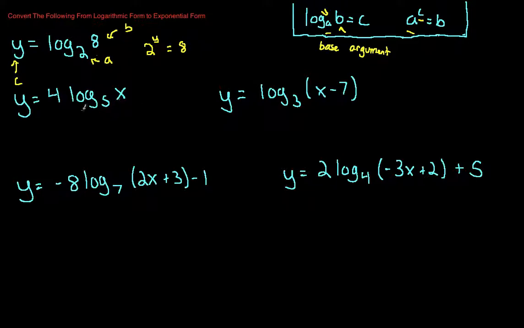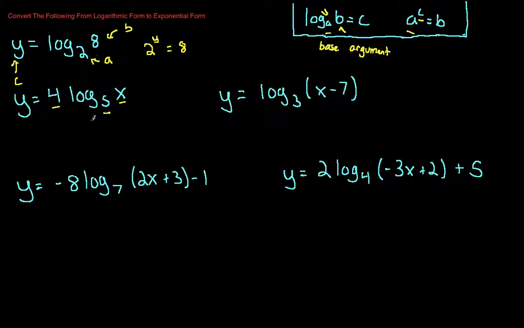The next question is a little more complicated because it has a coefficient on the logarithm. When we see a problem like this, we have to isolate the logarithm before we can switch it to exponential form. I only want the log, its base, and its argument on the side where the log is.